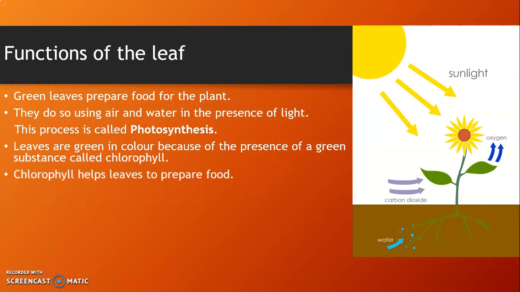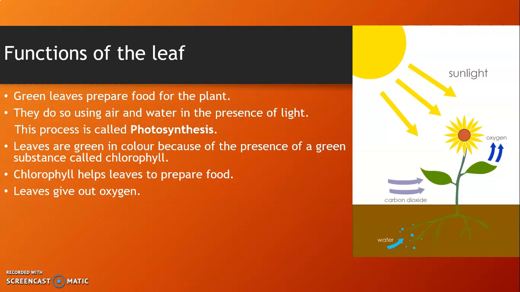Leaves are green in color because of the presence of a green substance called chlorophyll. Chlorophyll helps leaves to prepare food. Leaves give out oxygen as they take in carbon dioxide for the process of photosynthesis, or you can say for preparing the food.